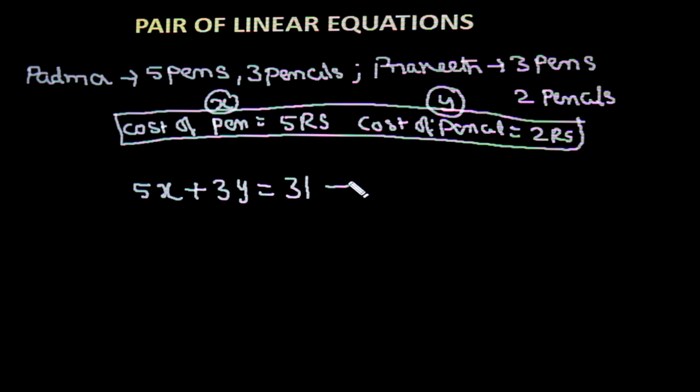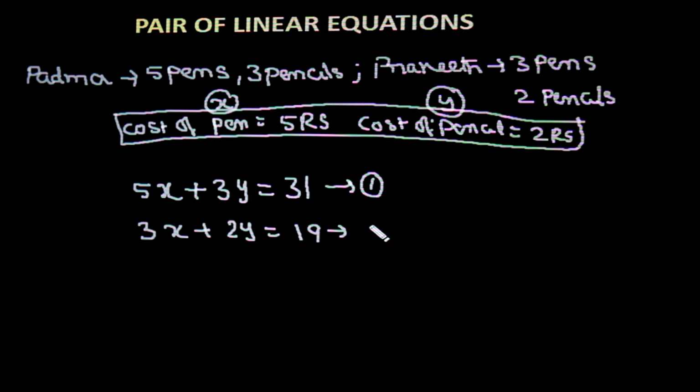This is one equation she has given: 5x plus 3y is equal to 31. Praneeth has given that he purchased 3 pens and 2 pencils: 3x plus 2y is equal to how much? 3 into 5 is 15, 2 into 2 is 4, 15 plus 4 is 19.